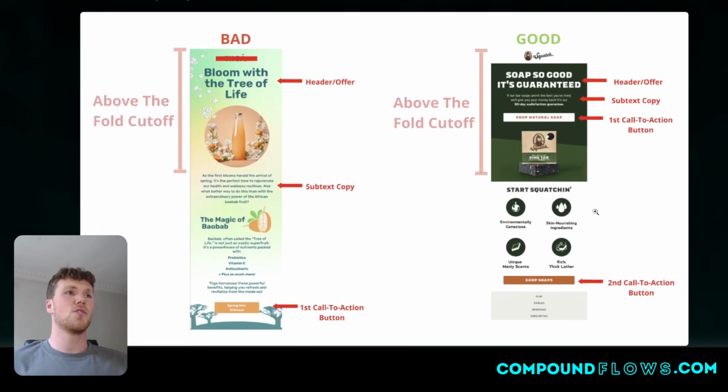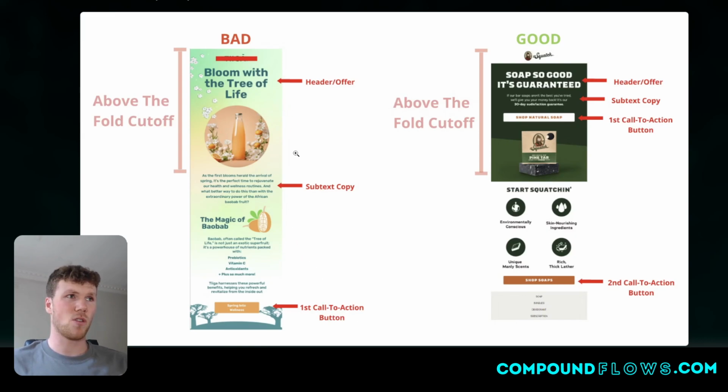So I've got these 2 really good examples here of a bad email with poor above the fold optimization versus a good email, again, from Dr. Squatch. So let's run through this. The bad example here, this is just a rough estimate of where I would say it cuts off before people have to scroll down. As you can see, they really spaced out the header, the subtext, and the very first call to action button.